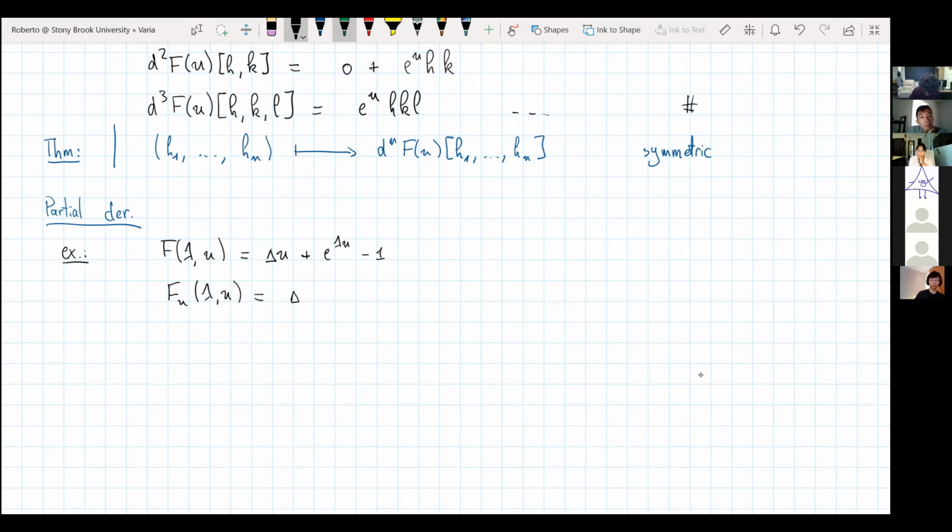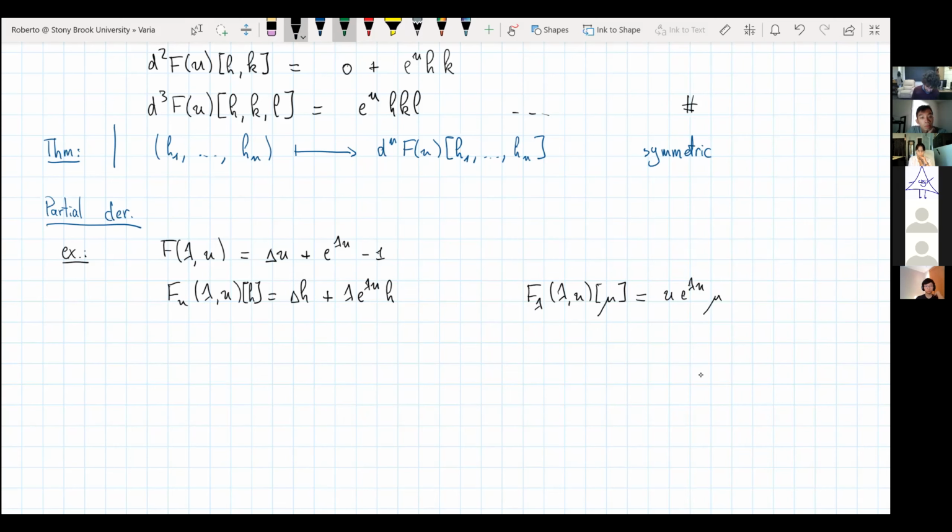Again, we need to evaluate that on h. This is the Laplacian of h plus lambda e to the lambda u h, while the derivative in lambda applied to mu will be, there is no lambda in the first entry, so that is 0. And the second entry is u e to the lambda u applied to mu.